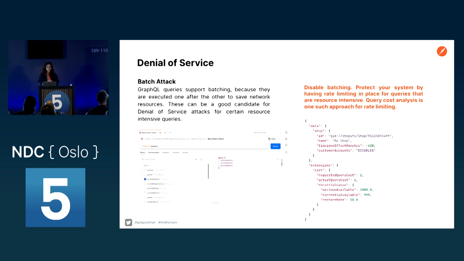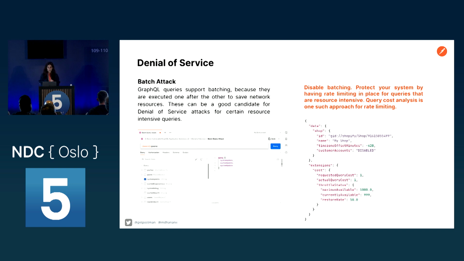So there are different ways of doing a query cost analysis for each of the queries being executed against the server, and using that cost to rate limit. And there are different algorithms for doing it.